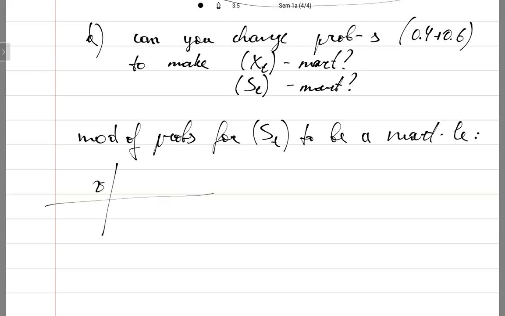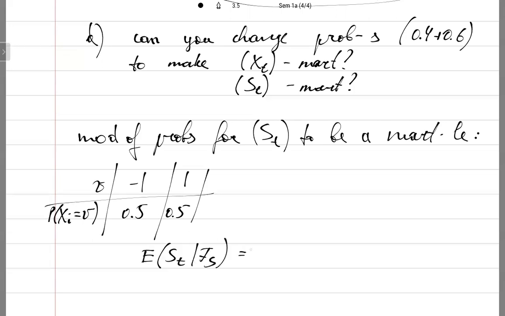You modify probabilities to be equal to 0.5, 0.5. And when you redo all the calculations, expected value of ST given FS would be S plus T minus S multiplied, but not by 0.2, but by 0. So 0.2 would be replaced by 0. And in this case, it's just the current value of the process.